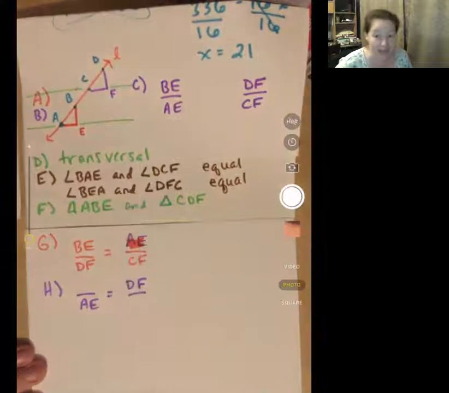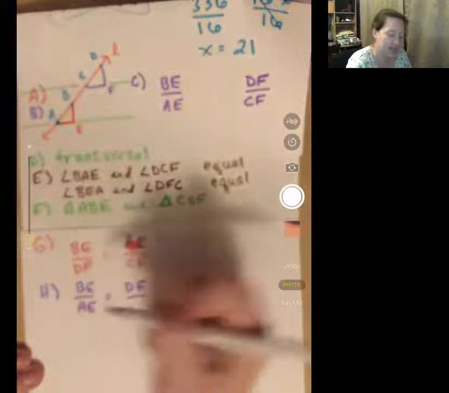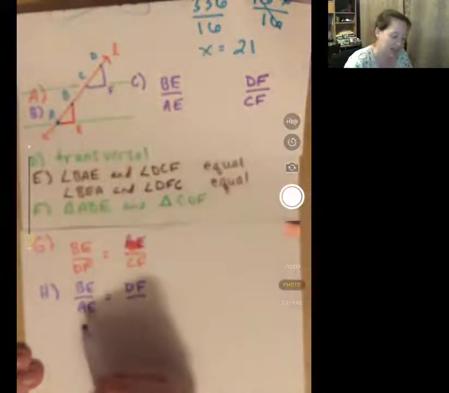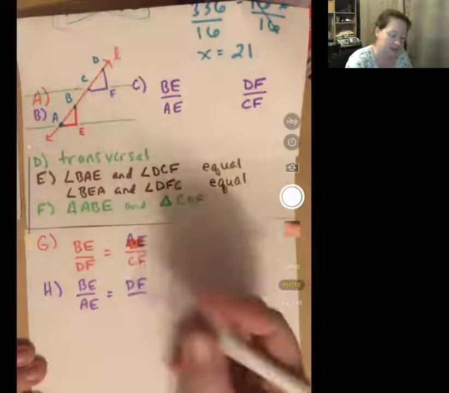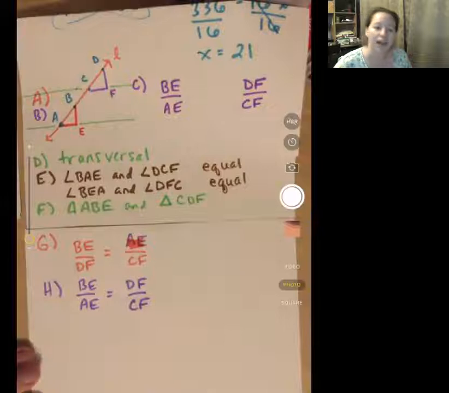And so this time we're doing DF goes with BE and AE goes with CF. So this time we're doing it with the E's on one side and the F's on the other side. I just got myself a little backwards while I was doing it.